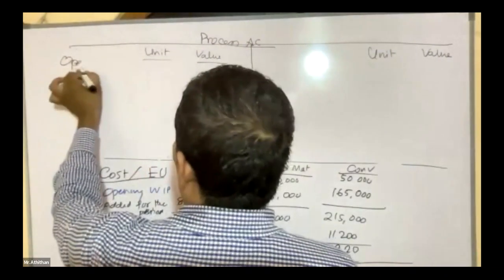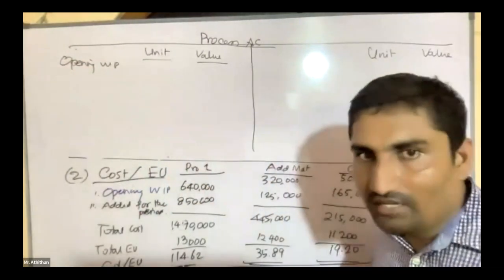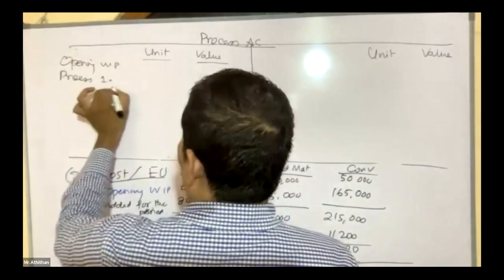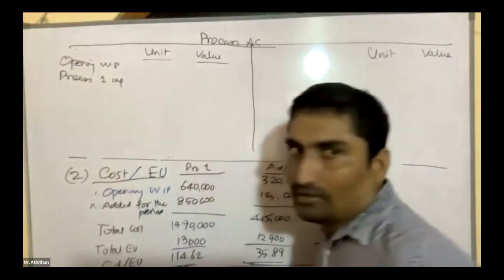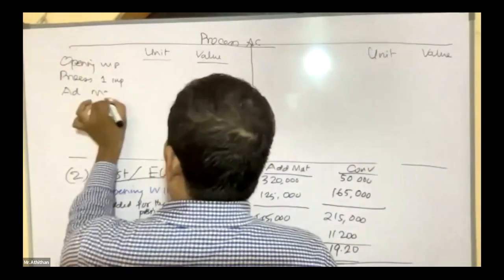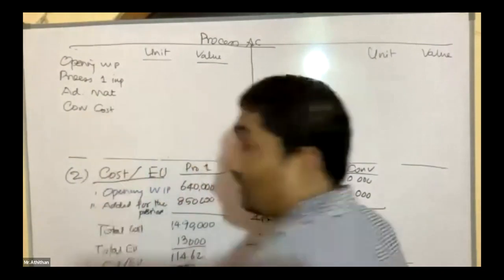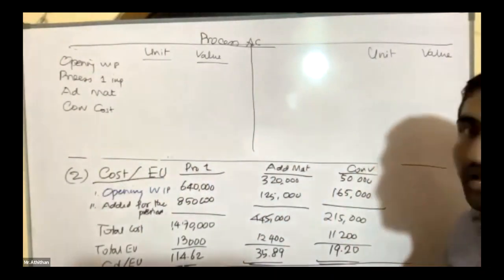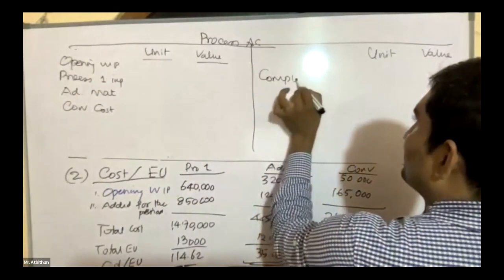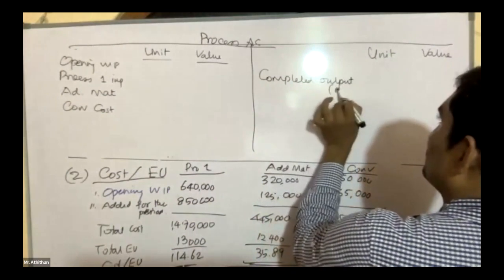Opening WIP, right? Already given. Process 1 input. Then added material conversion cost. Okay, these are on the input side. On the output side, completed output or finished good.